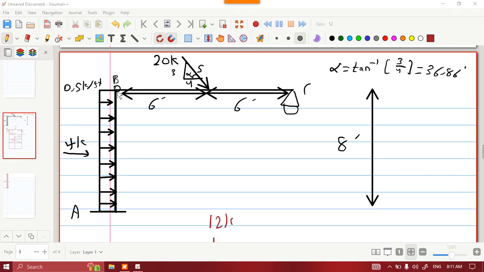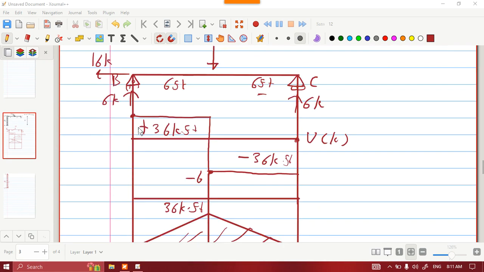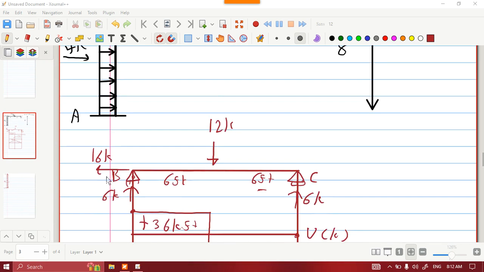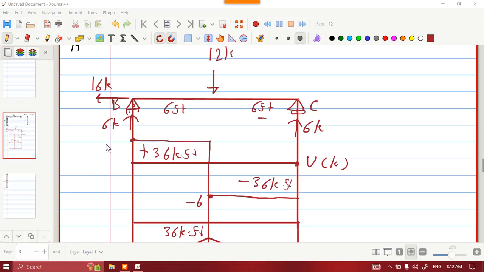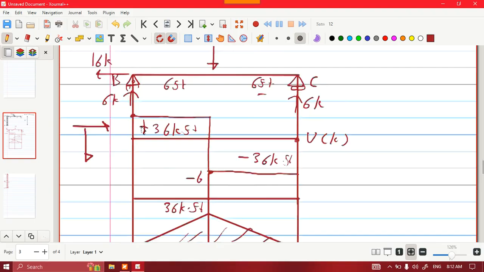It is like a bolt between member BC and member AB. So this is going to be the same loads that we had in the beam, which is positive 16 in this direction, okay, and minus 6 in this direction, okay, opposite directions.